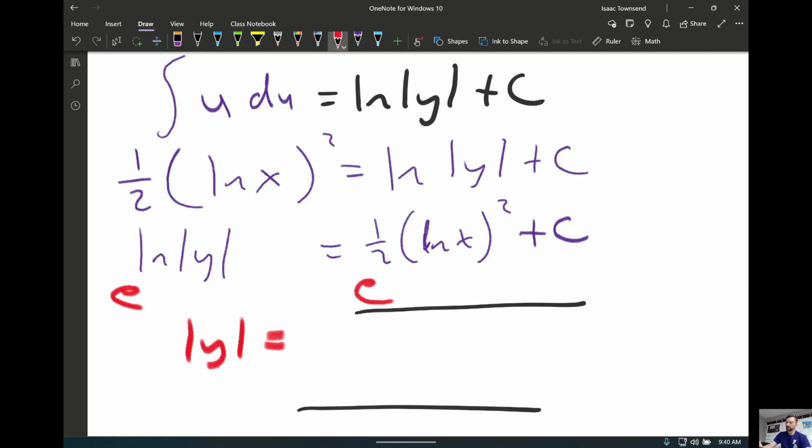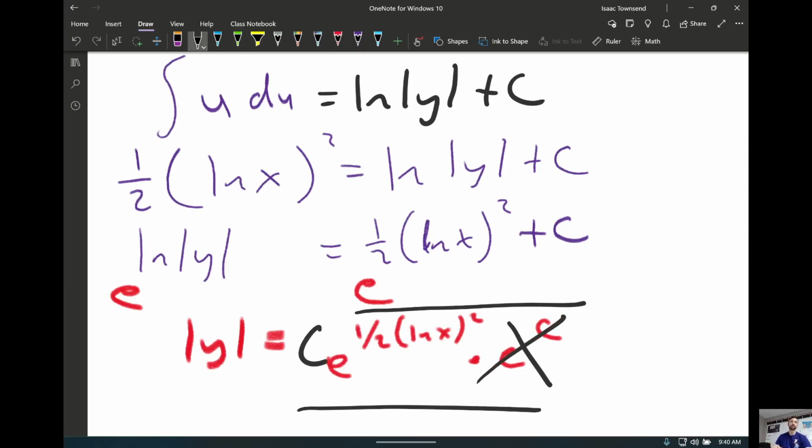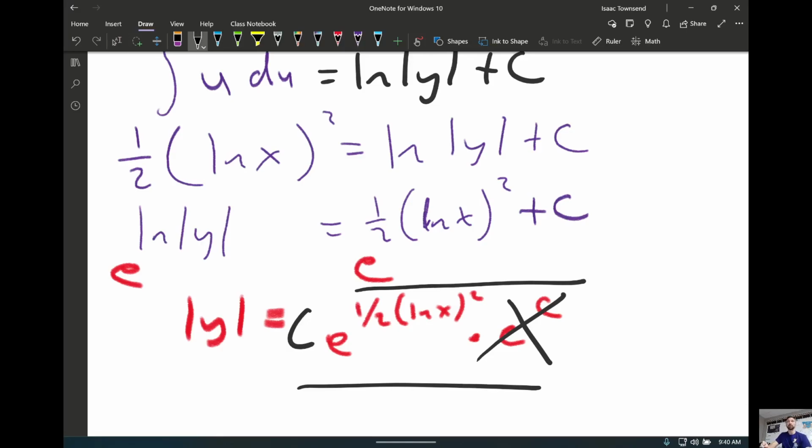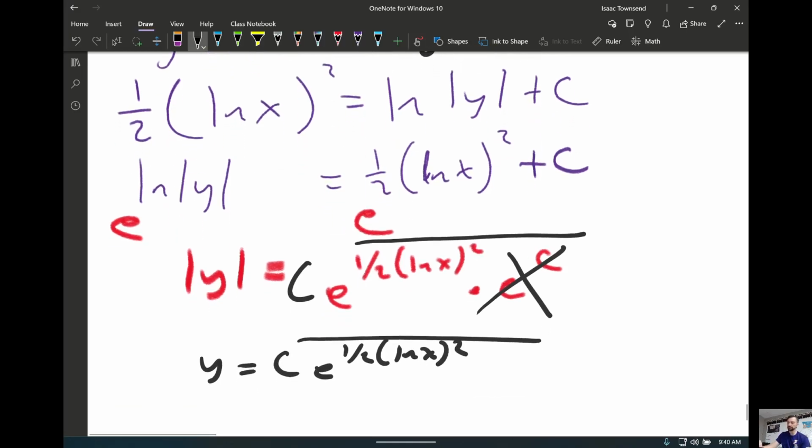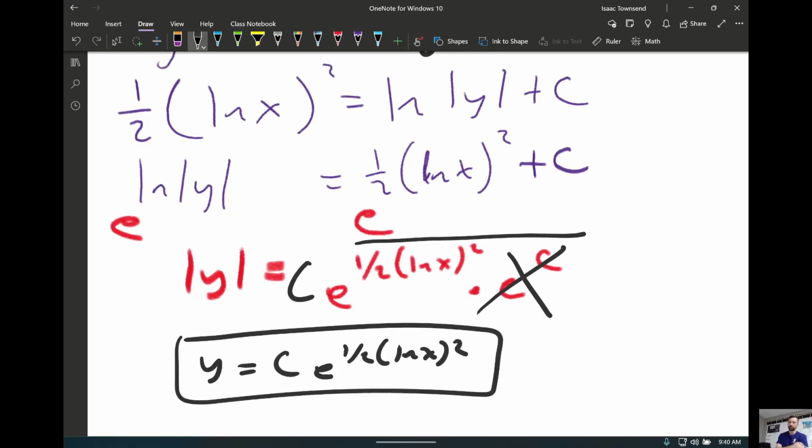If you have exponents that are being added, it's like you've got e to this times e to the c. The reason why you have to do that and make a habit out of that is e to the c can just be thought of as c. And they will do that to you on multiple choice. If you don't practice that, you're not going to know where that goes. And again, I don't know if c is positive or negative anyway, so that's why I can just drop the absolute value sign. C can switch signs if needed, but that is what we would aim for in that question.